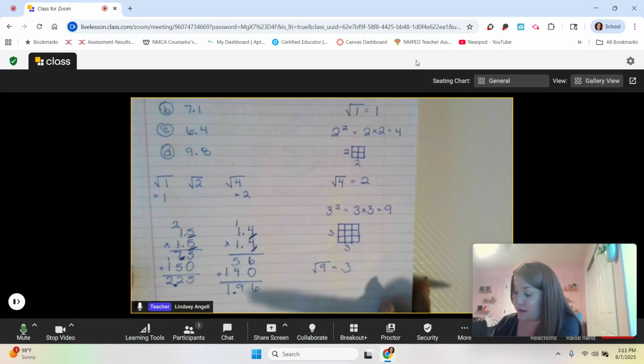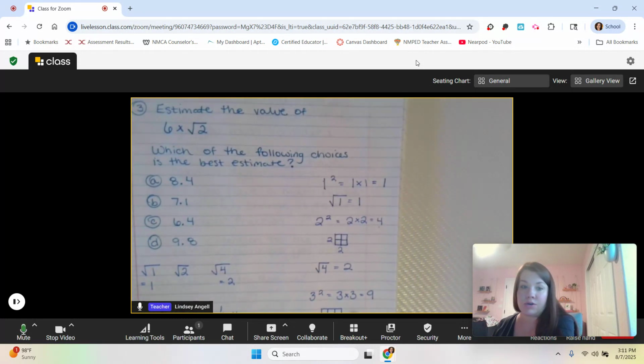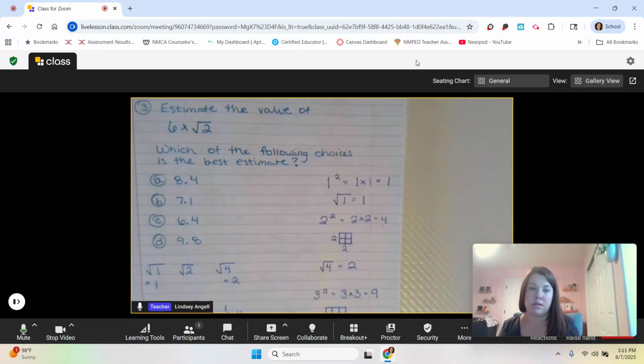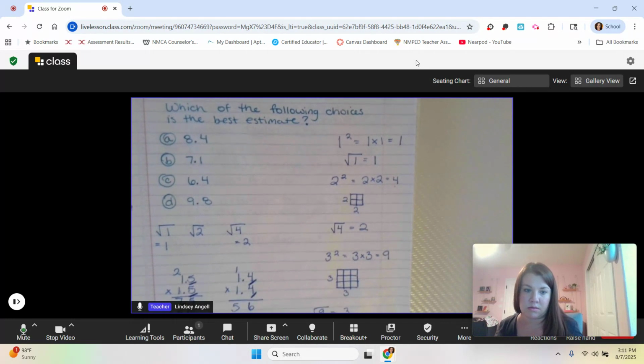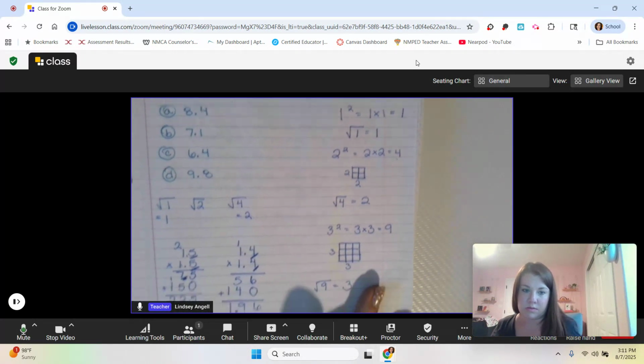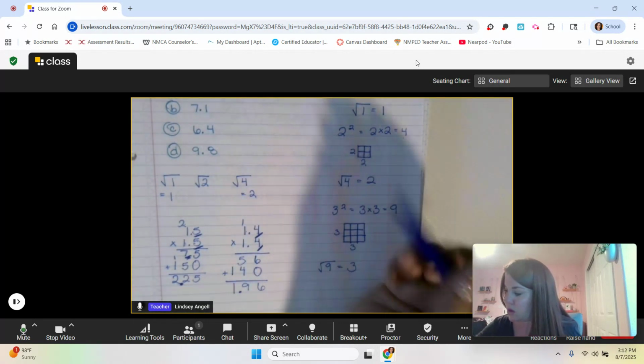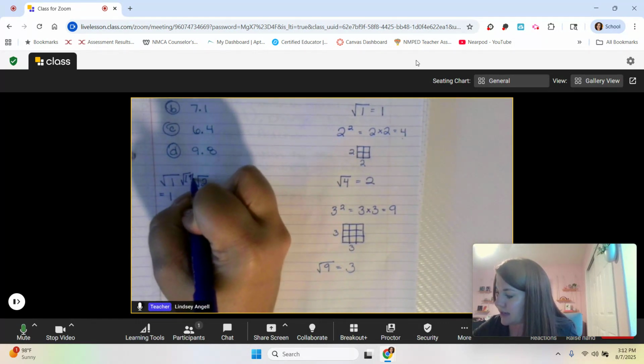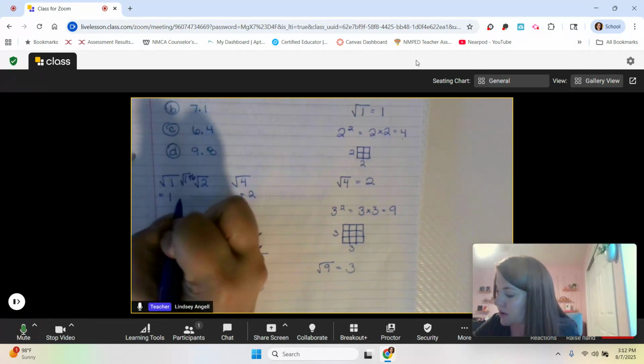So then, what we can do is we can take that amount and put it right here. Well, the square root of 1.96 is 1.4.